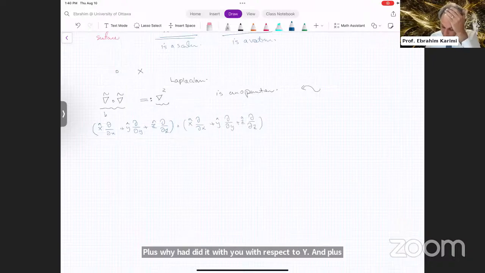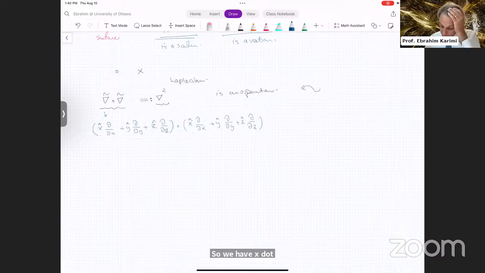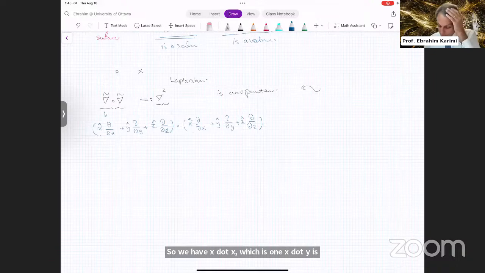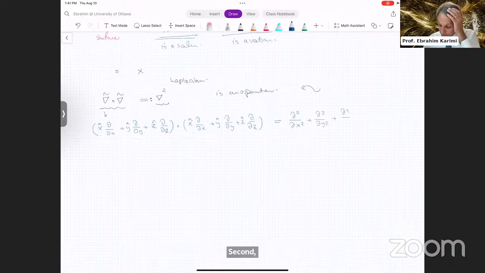So we have x dot x, which is 1, x dot y is 0, x dot z is 0, y dot x is 0, y dot y is 1, y dot z is equal to 0, and so on. So the result will be second derivative with respect to x, second derivative with respect to y, second derivative with respect to z.